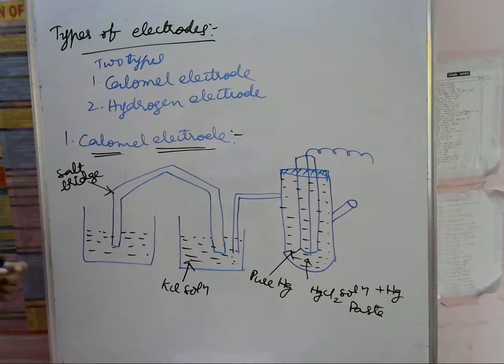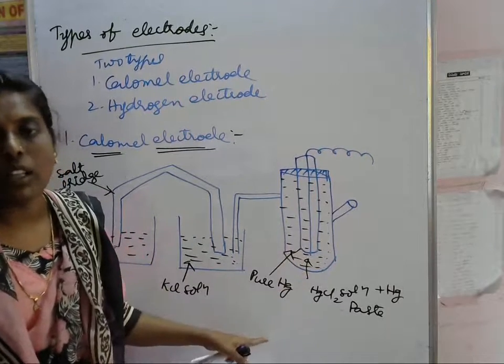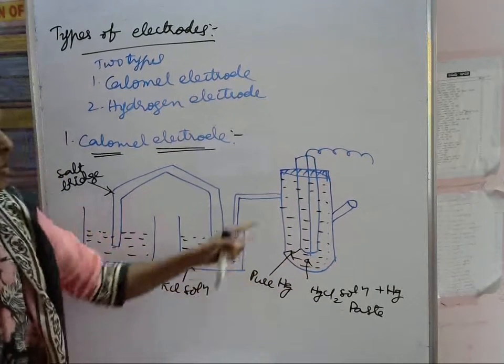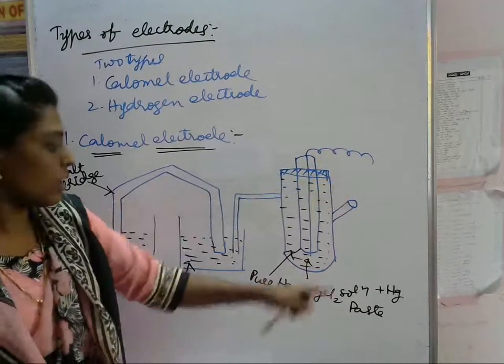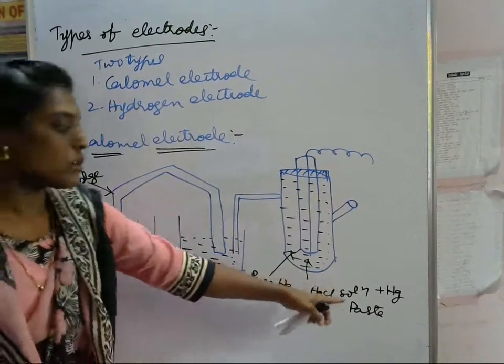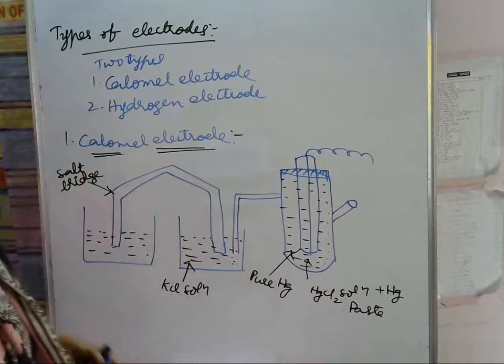Here we are placing this mercury electrode, which acts as a calomel electrode. So the glass bulb contains the mercury chloride paste and solution. So this is a pure mercury bulb.